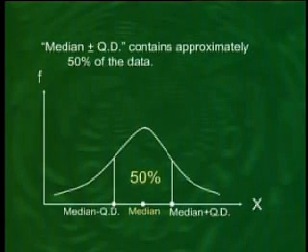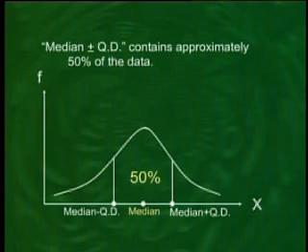Students, quartile deviation possesses quite an attractive property, and that is that the median plus minus the quartile deviation contains approximately 50% of the data. As you now see on the screen, the median, of course, lies in the middle.